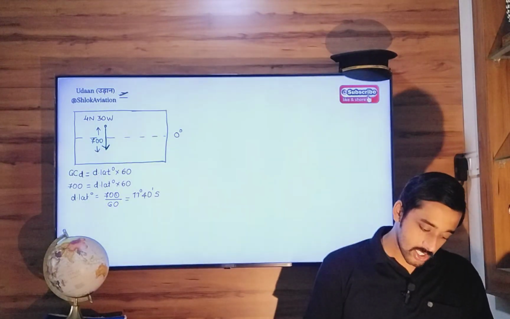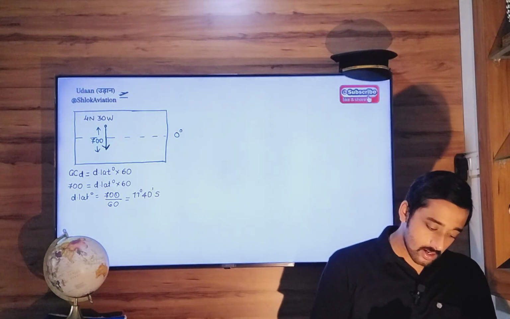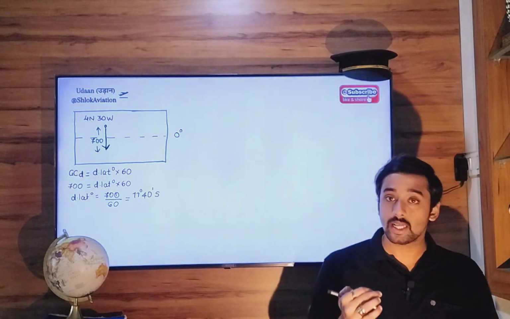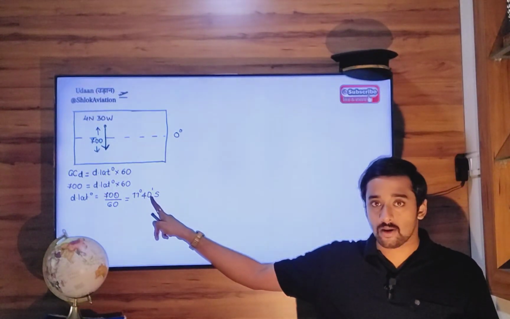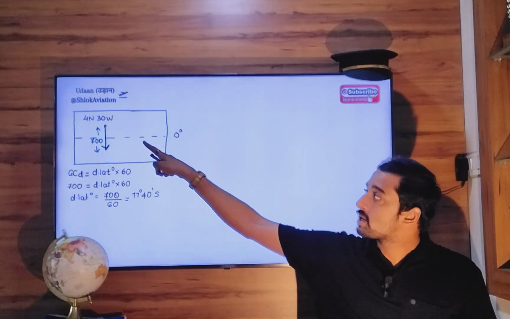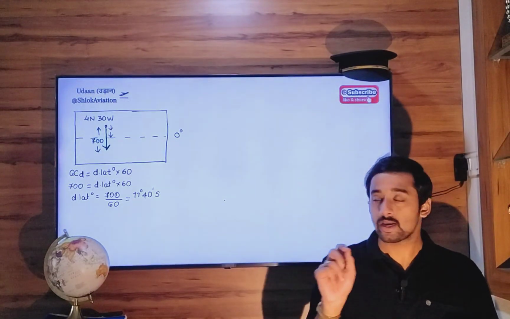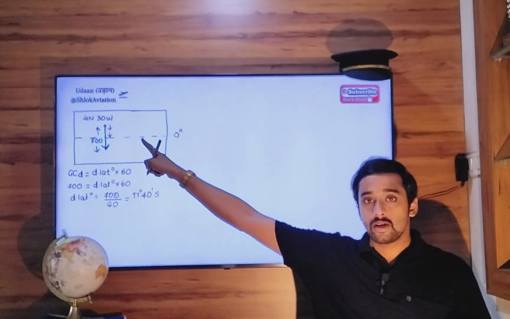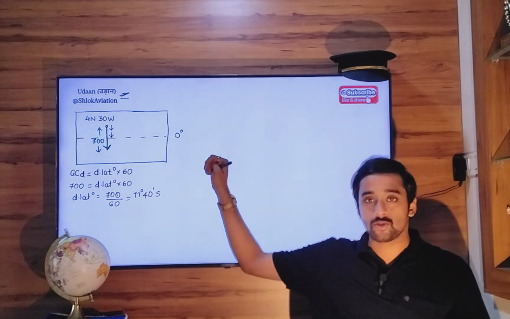So your final position will be in the southern hemisphere. How? Now out of total 11° 40 minutes south, 4° will be spent in traveling from 4° north towards the equator. At equator it will be 0°. Then remaining d lat will be traveled in the southern hemisphere.